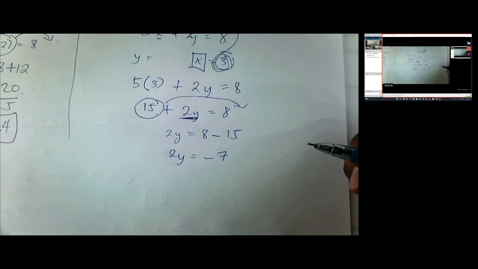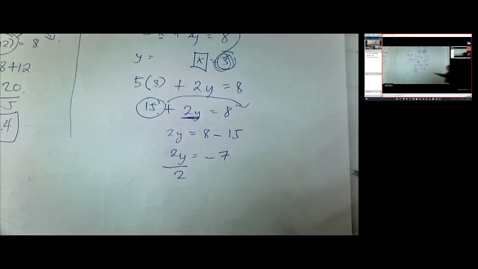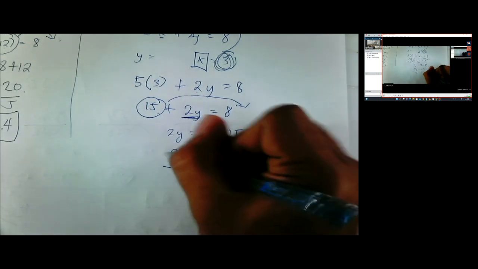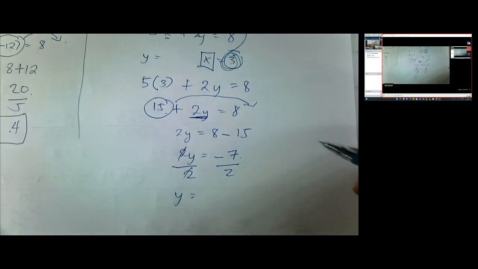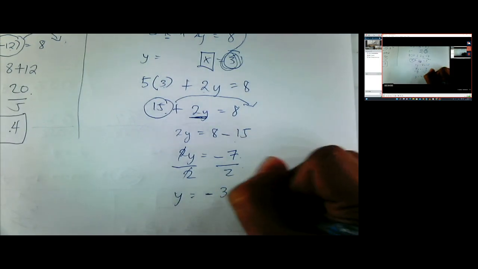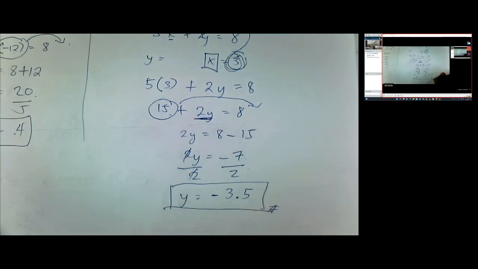Now, since we're only going to solve for the value of our y, divide both sides by 2. So we will have here y is equal to negative 7 over 2, which is equal to negative 3.5. And this will be your answer. It's just substituting the given values of the number. Understand? Let's have another example.